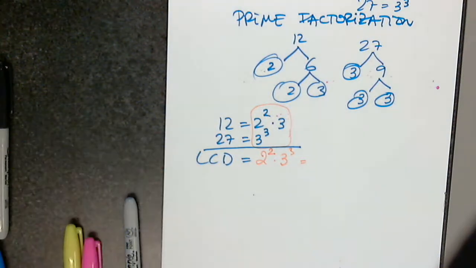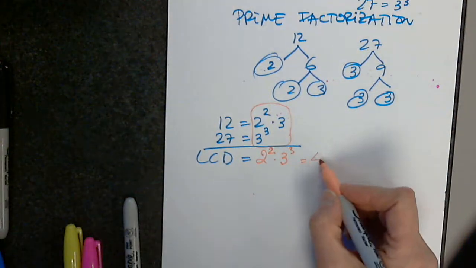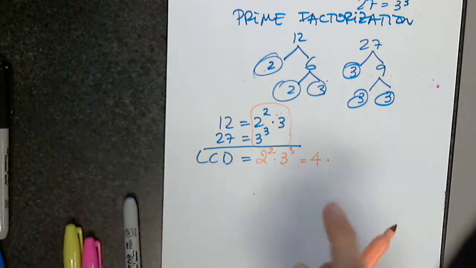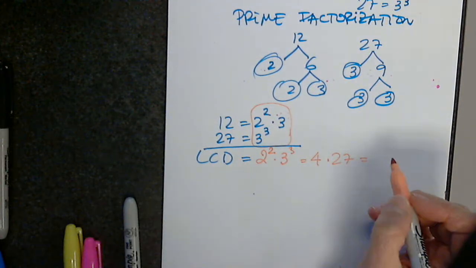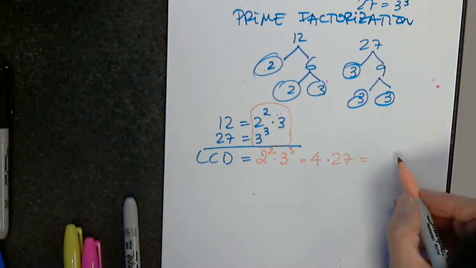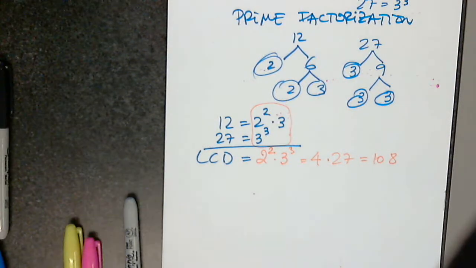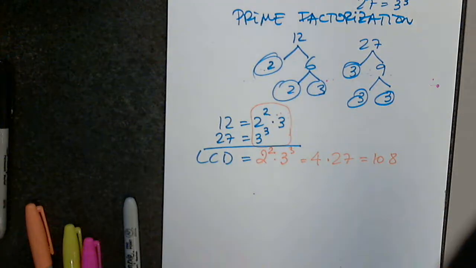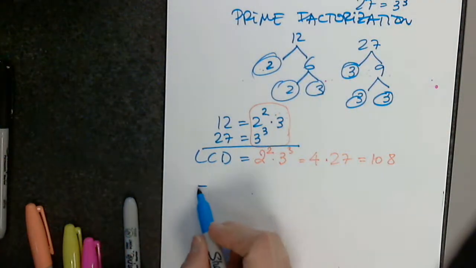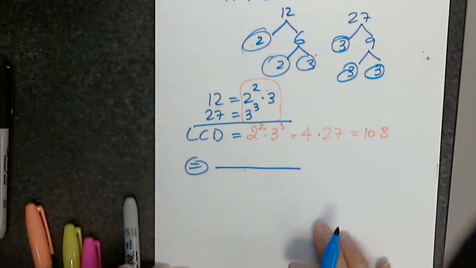Good. So now I know that this is 2 squared, which is 4. I know that 3 to the third is 27. And then I will multiply. 4 times 7, 28. 8 and I carry 2, 108. So the LCD, so I will continue here. I write a long fraction line.